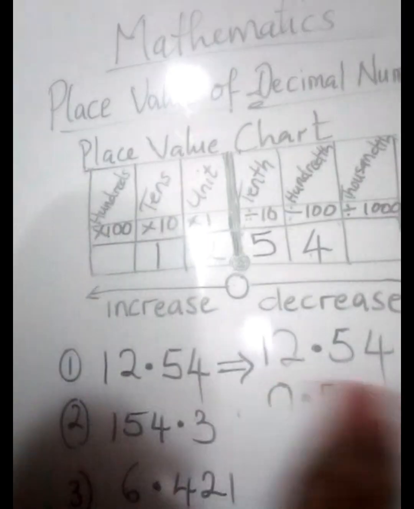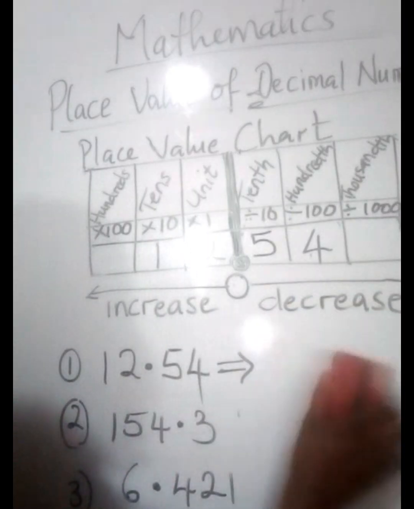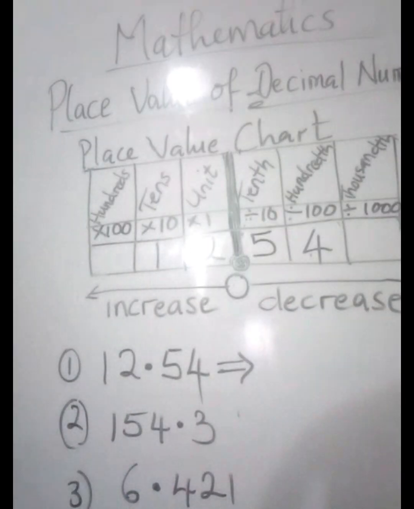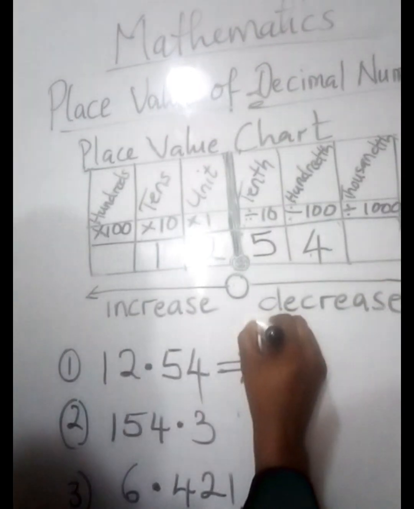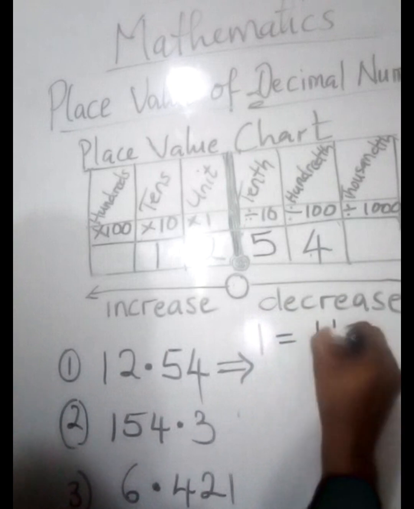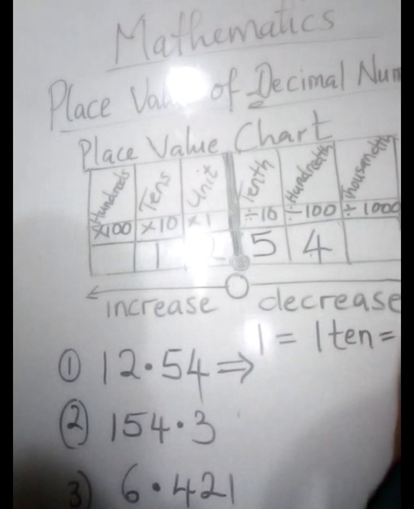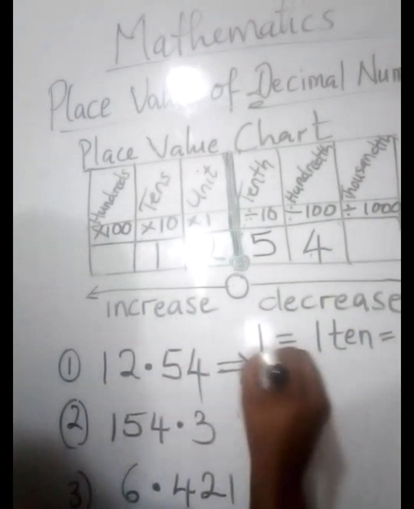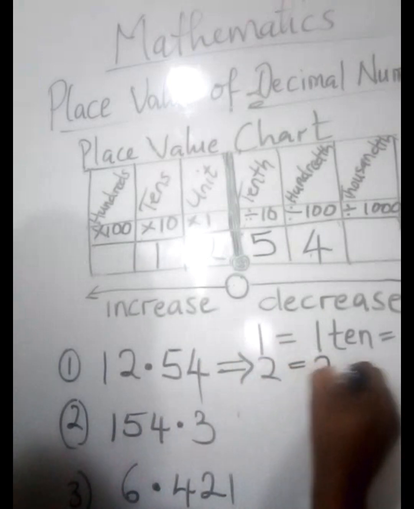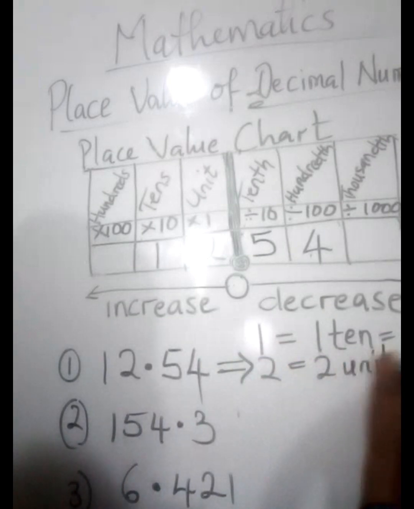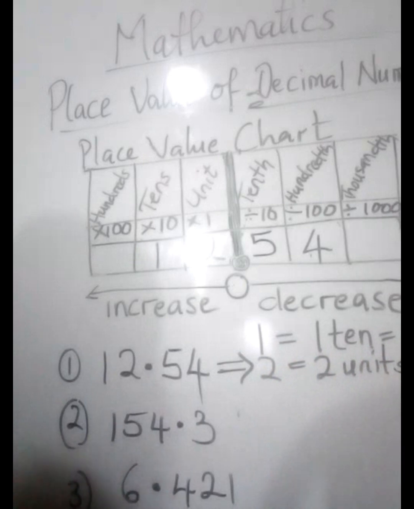So let's take the first one now and write out the values of all the digits that we have there. So for this number 1, you have that 1 is equal to 1 ten, which is 10, right? So the 2 is equal to 2 units, which is what? Just 2.